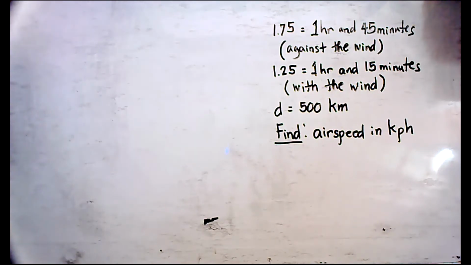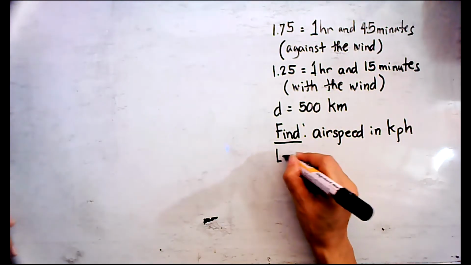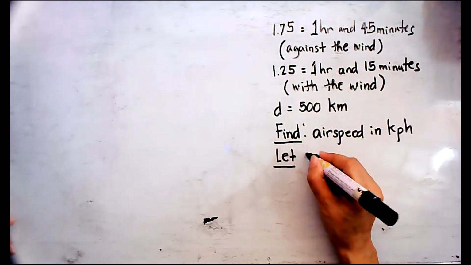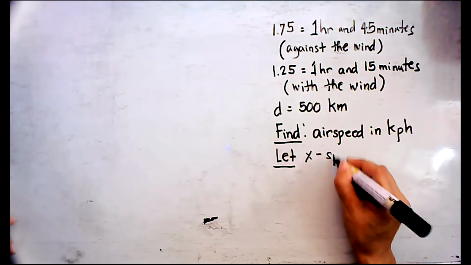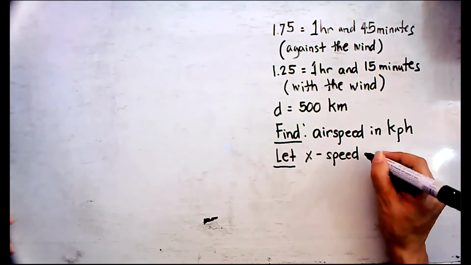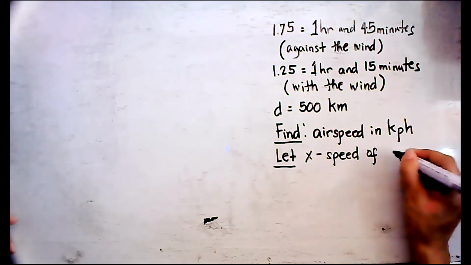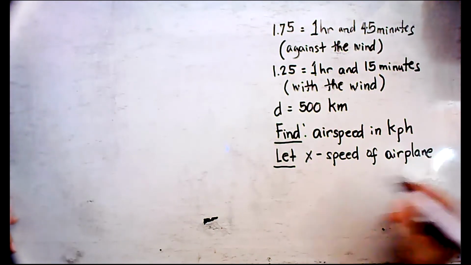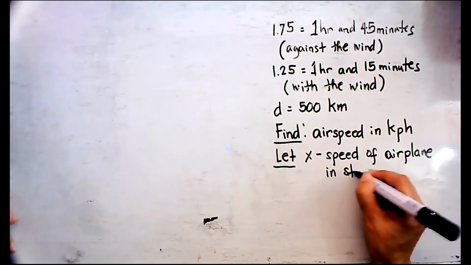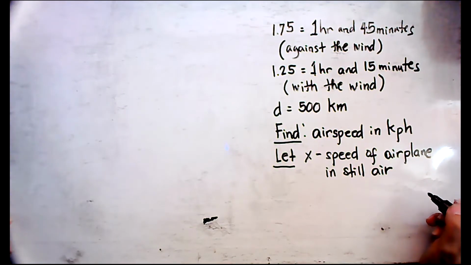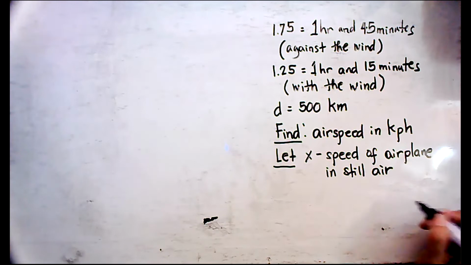So before we start with our solution, let us represent some variables here. If we are going to let x be the speed of the airplane in still air, meaning we are not considering whether it is traveling against the wind or traveling with the wind.